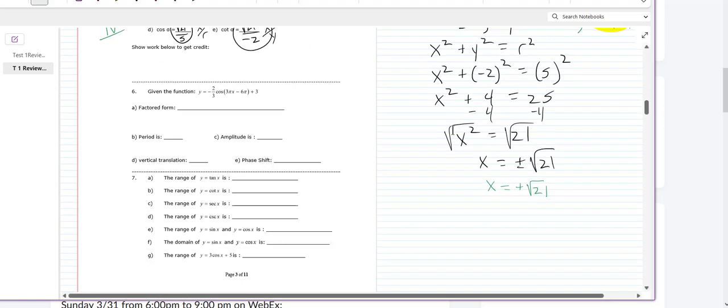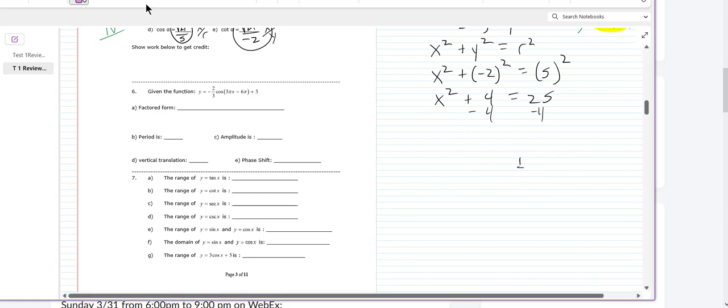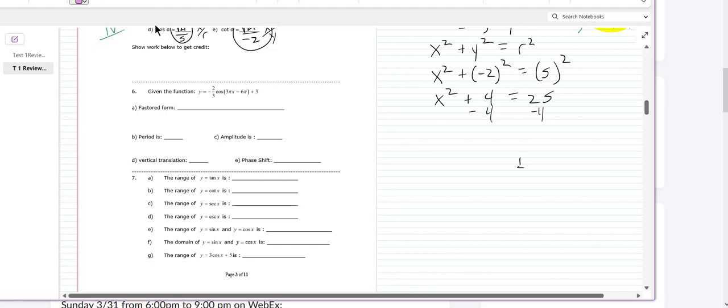Okay, so let me go through a couple of things that pop up on this next problem. The idea on this is we have some trig function, and we need to put this in a factored form and figure out the period, the amplitude, the phase shift, and that kind of thing.